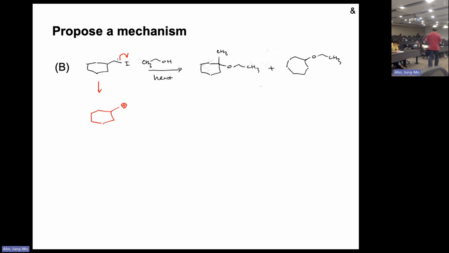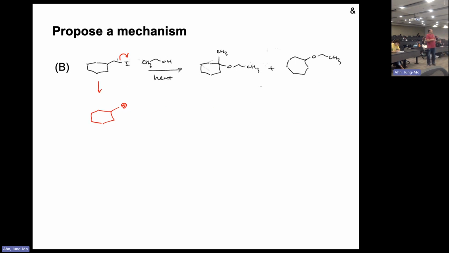SN1 takes hours, takes days, because it has to create a carbocation, which is much less stable. It doesn't happen spontaneously. But slowly, because of the Boltzmann distribution, if you learned it in Gen Chem, some of the molecules will have enough energy to go through this. Not everything, but small fractions.